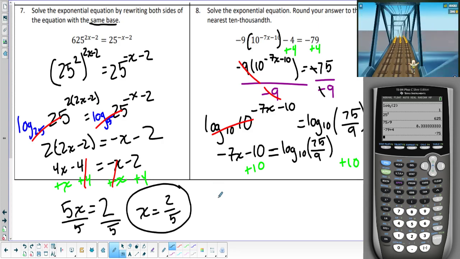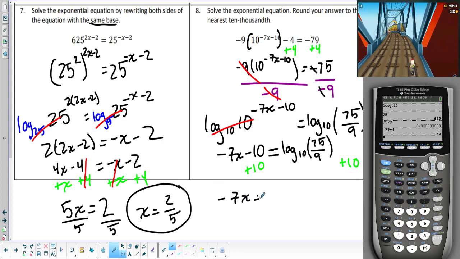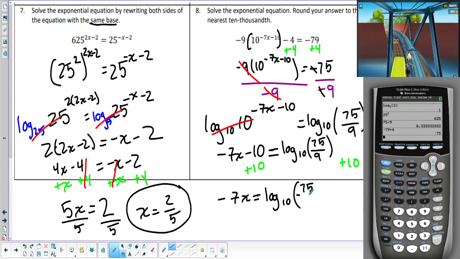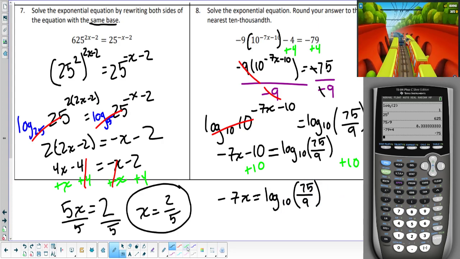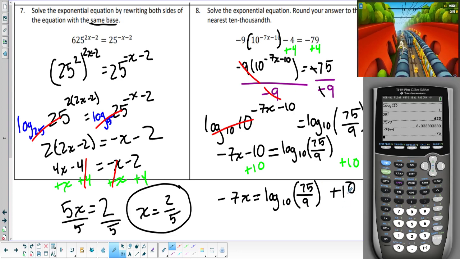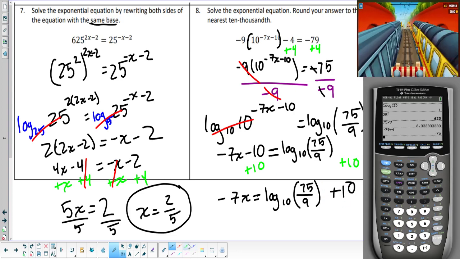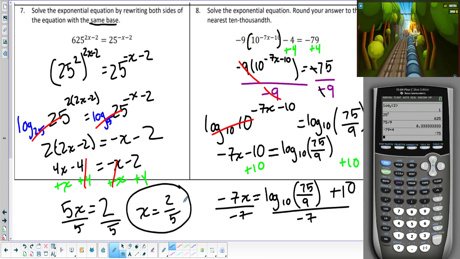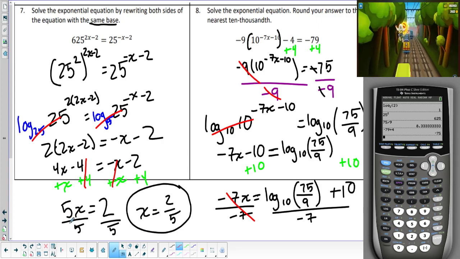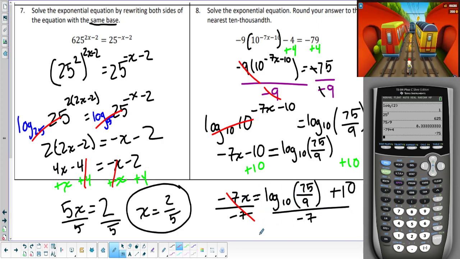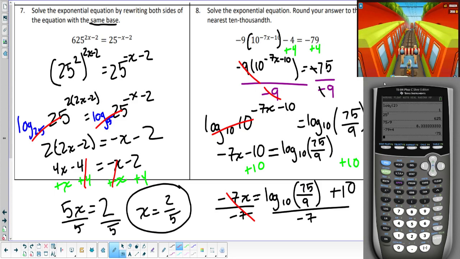So I get negative 7x equals log base 10 of 75 over 9, and then this plus 10 is just separate. This can't go inside the log or anything. It just is out right here. And then I'm going to have to divide by negative 7 as well. And so really, all I'm left with is x equals this huge big thing, which we will now just type into the calculator.